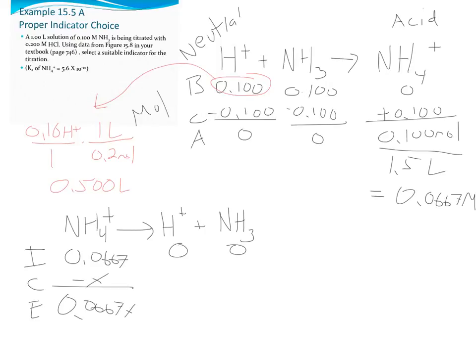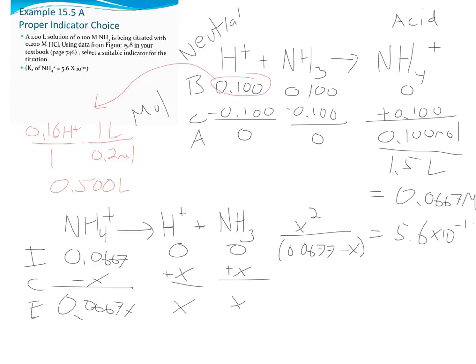These start out at 0 because we're going to make some more. We get x and an x squared over 0.0667 minus x equals the Ka, 5.6 times 10 to the negative 10th. Okay, so that will give me my x value and my pH.